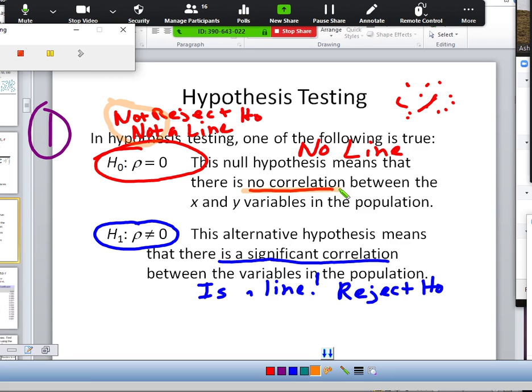Which means that if we do not reject H naught, then it's not a line. You'll kind of see that later on. And then H1 is that rho is not equal to 0. In other words, there is a significant correlation. There is a line. So if I reject H naught, which means that I like H1, that means that it is a line.